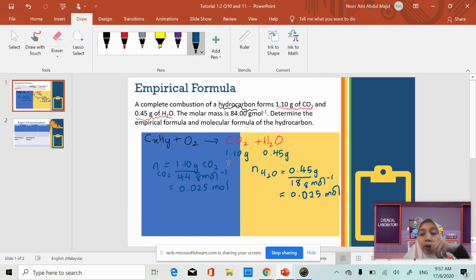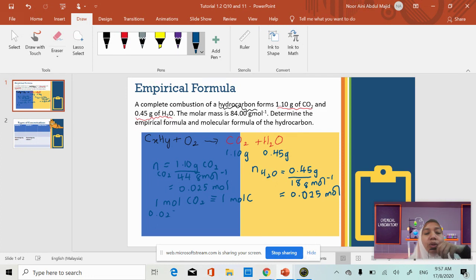We don't want H2O, we don't want CO2, but instead we want carbon in this case, and in the other case we want hydrogen. So now, how do we relate? Remember, we relate different components or different species by using mole. Now, in 1 mole of CO2, there is 1 mole of carbon.